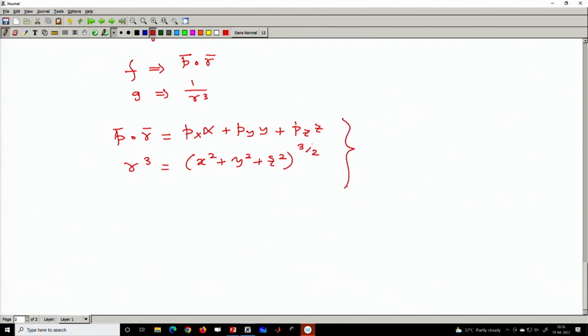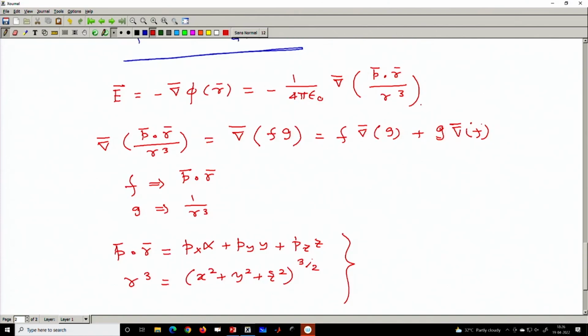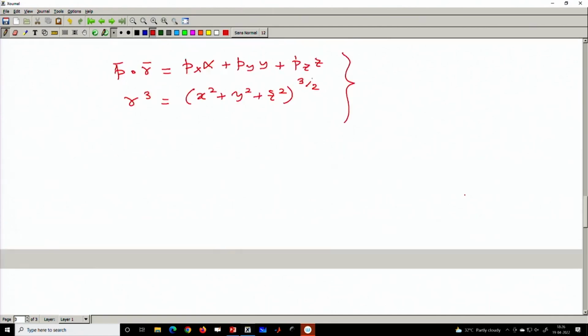So, these two functional forms you know, and then you just simply calculate, even in Cartesian coordinates you can calculate the value of E, and if you do that, I am giving you the result, you should get a value like this.